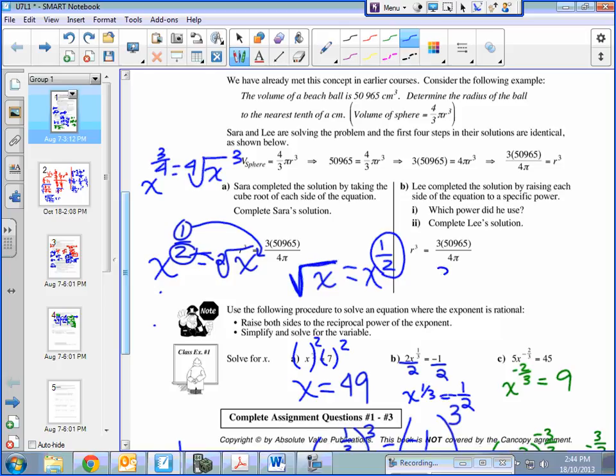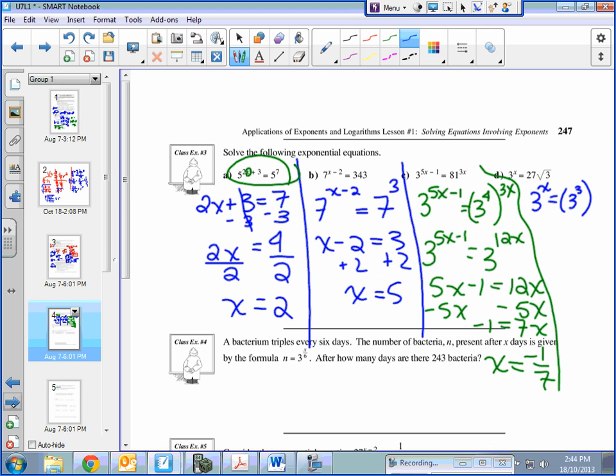If you have the cubed root of x, it'd be x to the 1/3. The fourth root of x would be x to the 1/4. So this is times 3 to the 1/2. It's a tricky law, but it's something you have to know.